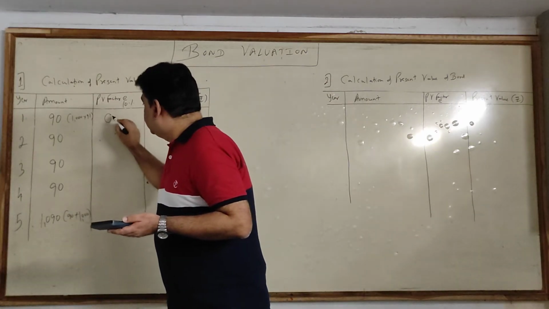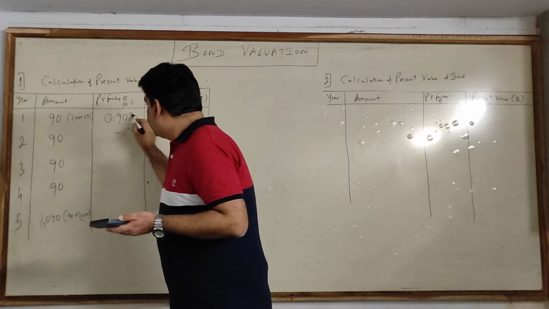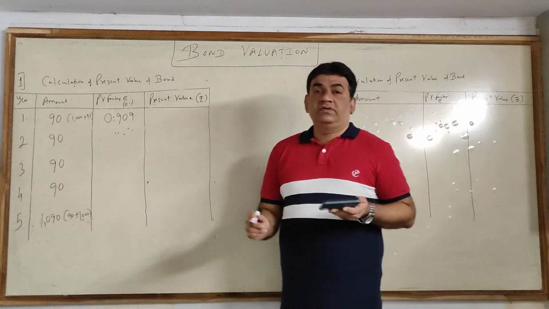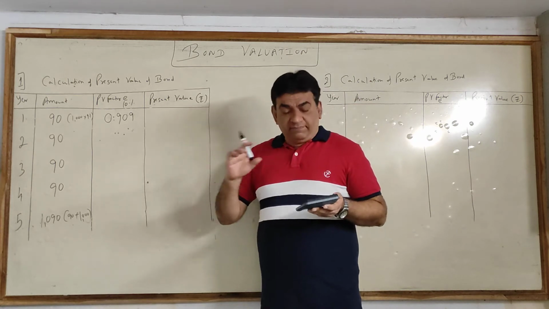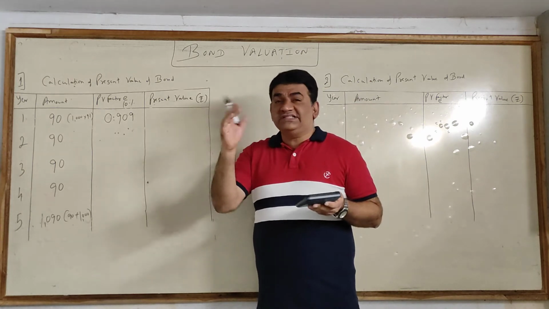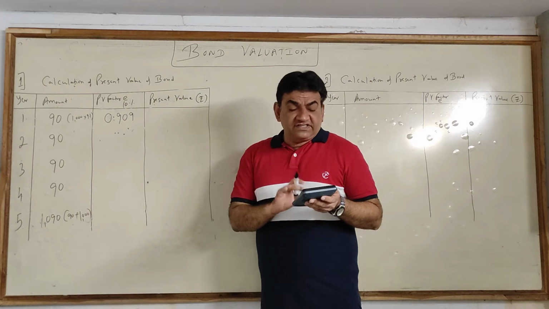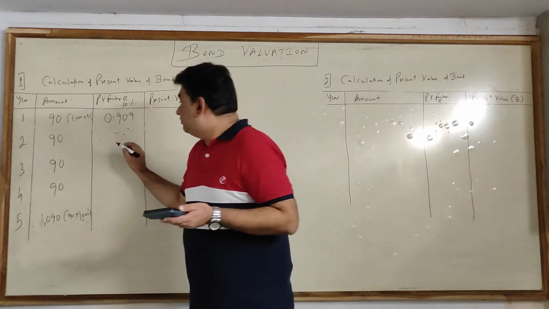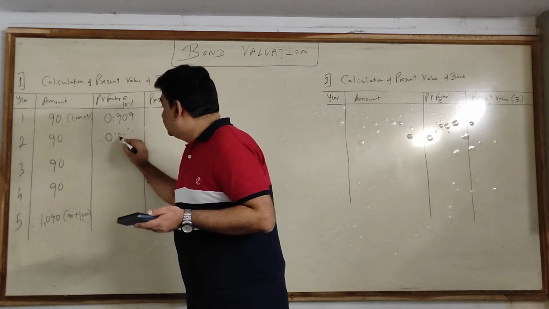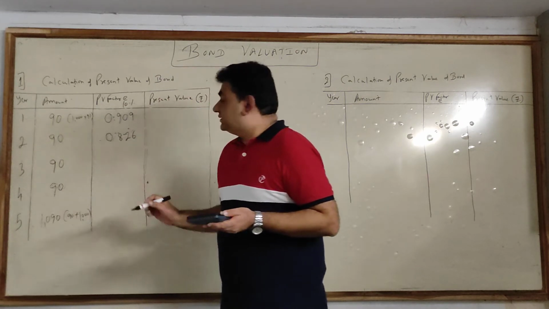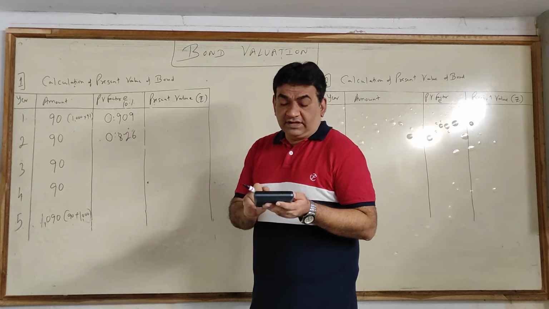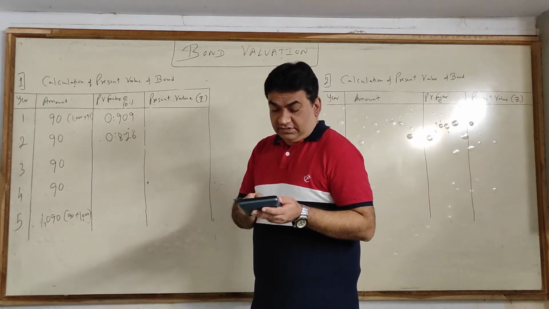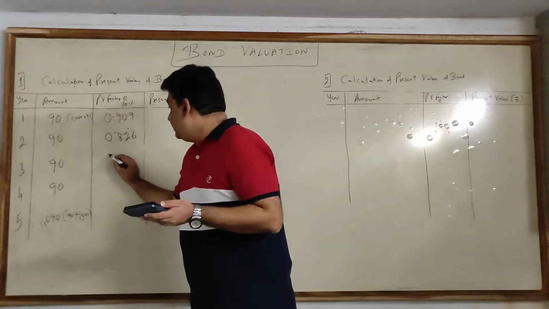So put here 0.909. Now we can directly press equal to and get it. A few calculators don't accept it, so to be on the safer side, press the multiplication sign and do it again, equal to. Put it in 3 decimals. 0.826. Continue till the fifth year. 1 divided by 1.751.